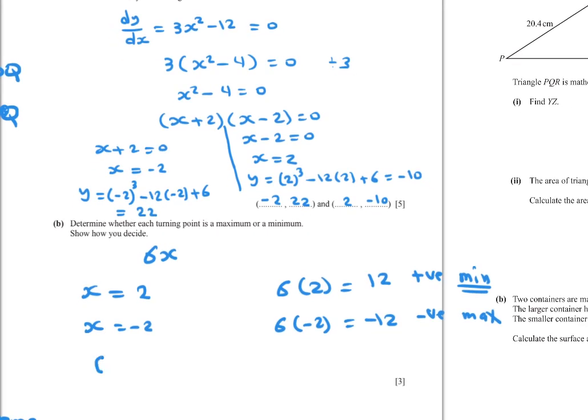So at the point negative 2 and 22, we have a maximum point, and at the point 2, negative 10, we have a minimum point. So from the second derivative, you can determine the nature of the turning point.